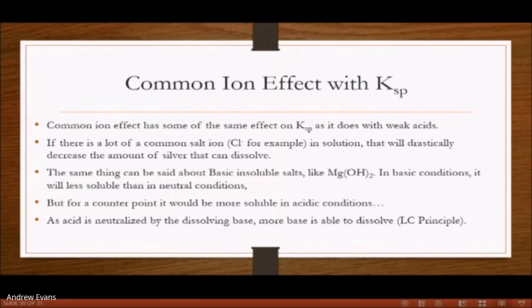The Ksp expression we just wrote assumed we have 0 silver and 0 chloride. What happens if you have a little bit of chloride already? Well, that means less silver could dissolve because we already have some chloride there.